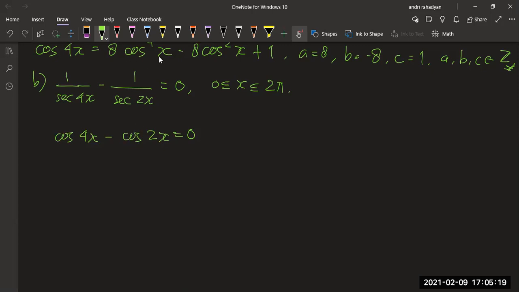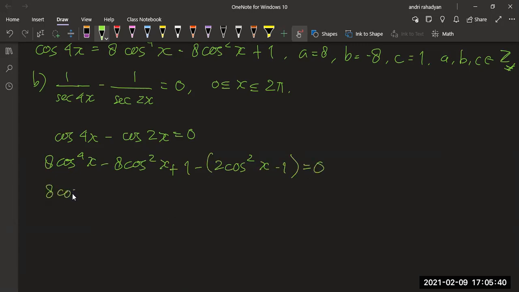We have cosine 4x is 8 cos to the 4x minus 8 cos squared x plus 1, minus 2 cosine squared x minus 1, right? Equals 0.